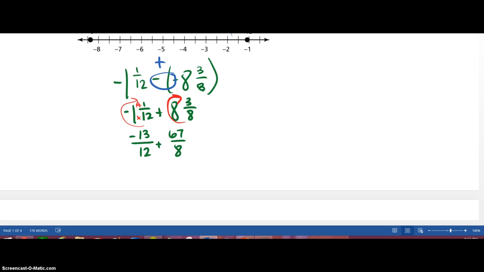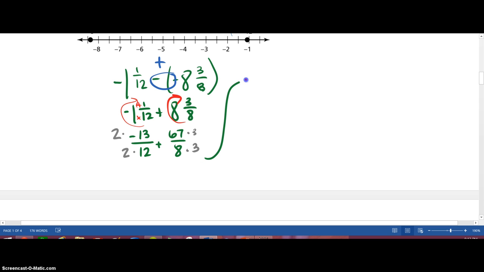So here now we have two improper fractions. Since we're doing an addition problem, we do need a common denominator. And for this, it's going to be 24. So I'm going to multiply this first fraction, numerator and denominator, by 2. For my second fraction, I'm multiplying numerator and denominator by 3.